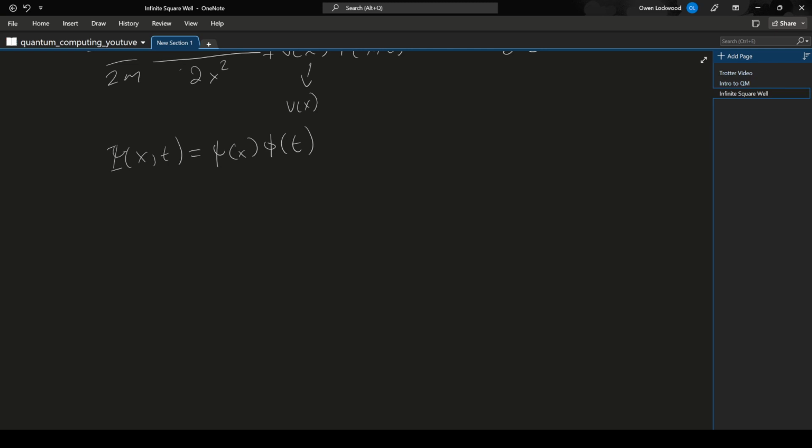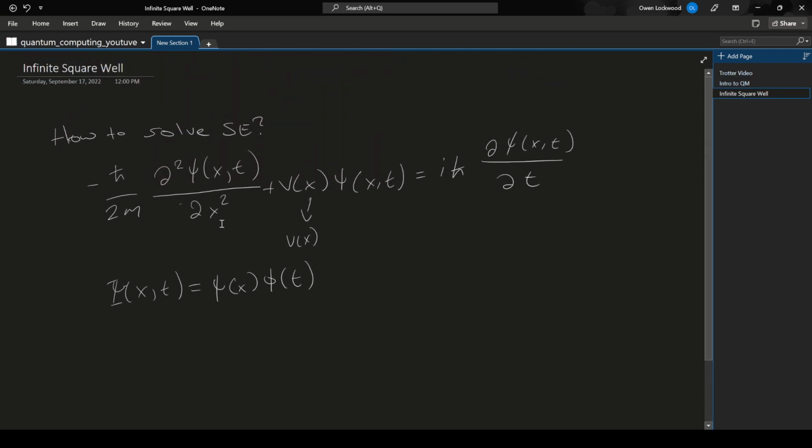So now that we have this separated out, we can see something important. We can see that this equation can be separated into time and position components. Because we have this up here, now let's look at each of these terms. So this becomes simply V of x, psi of x, and of t. That's pretty straightforward, just multiplication.